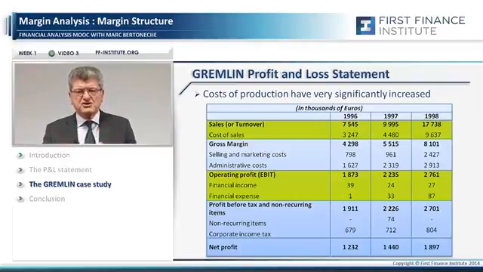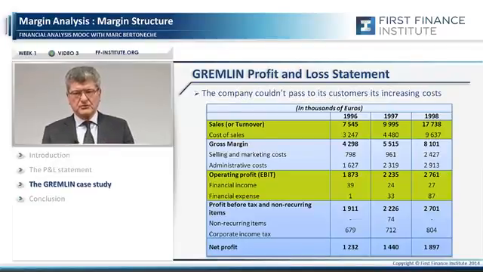More and more functions are expected by the customers. This requires more work, more development time, which the company has not been able to pass on to the customers through price increases. This is probably due to the strong competitive environment.